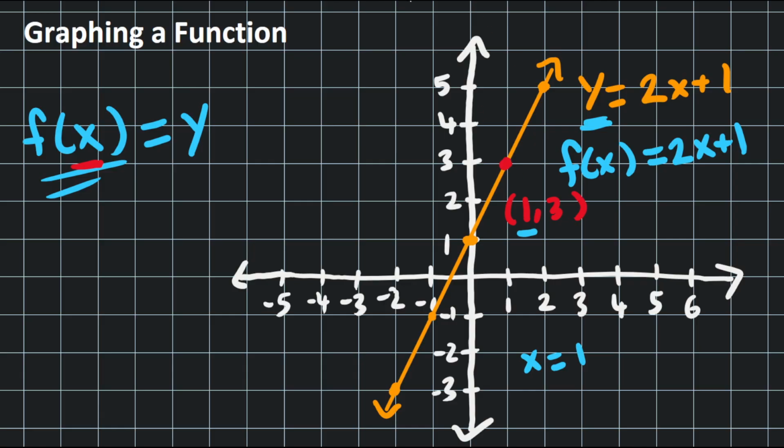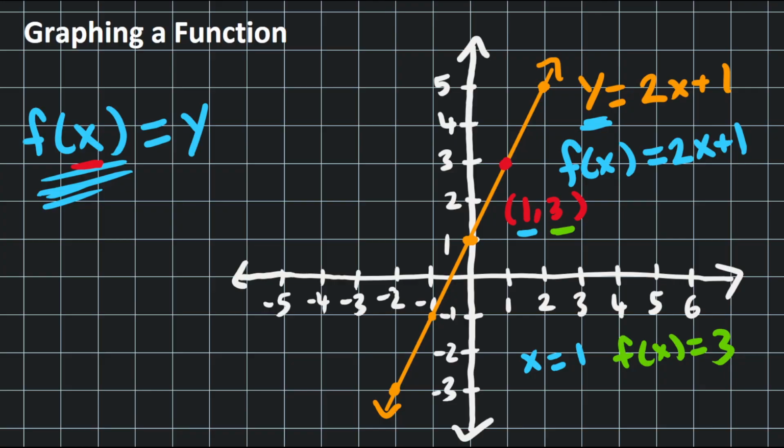And the 3 is the y coordinate, so y equals 3. But what did we say y equals? We said y equals f of x. In other words, f of x equals 3. So let me write that over here: f of x equals 3.